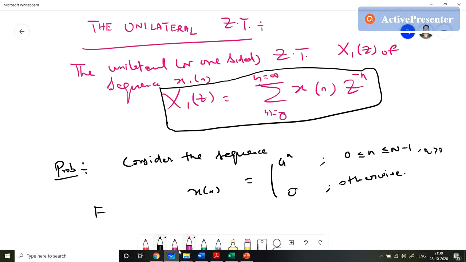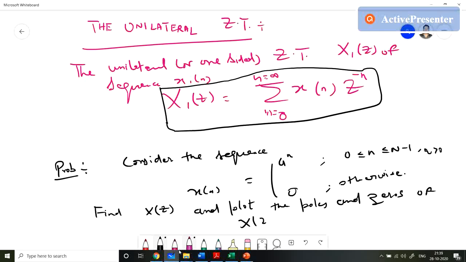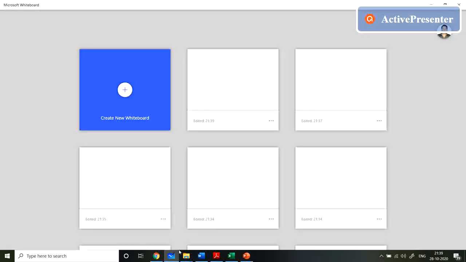The question is: find X(z) and plot the poles and zeros of X(z). Find the poles and zeros of X(z).